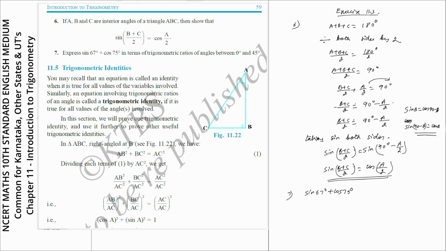Now this one I can write as, sine 67 degree, see, 90 minus 67. What is 90 minus 67? I'll get 23. So sine of 67 degree I can write as cos of 90 minus 23 degree.